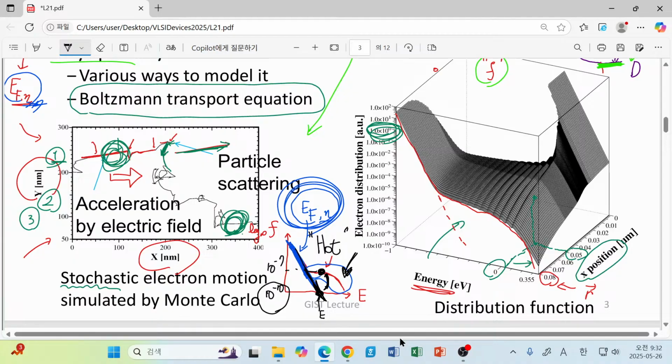It means that we have 3 orders of magnitude higher probability of having electrons at that point. So that is beyond our expectation, and we think that this is abnormal and something special, something to be noted, and it is called a hot electron.